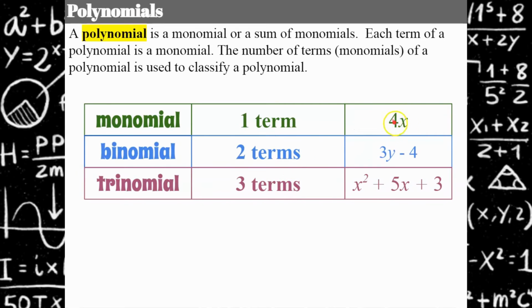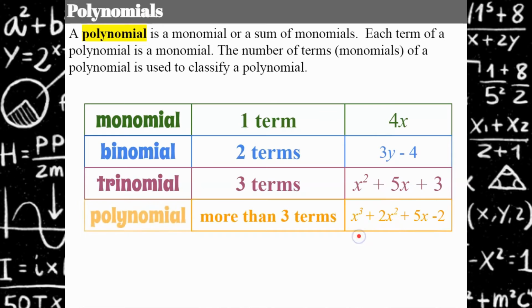So if you have one term, it's a monomial. Two terms is a binomial. Three terms is a trinomial. Anything else, four terms here, we're going to stop here. Anything more than three terms, most teachers would have you call a polynomial. If you get really nitty-gritty, there are some people that will call a quadrinomial, which is very much a mouthful.